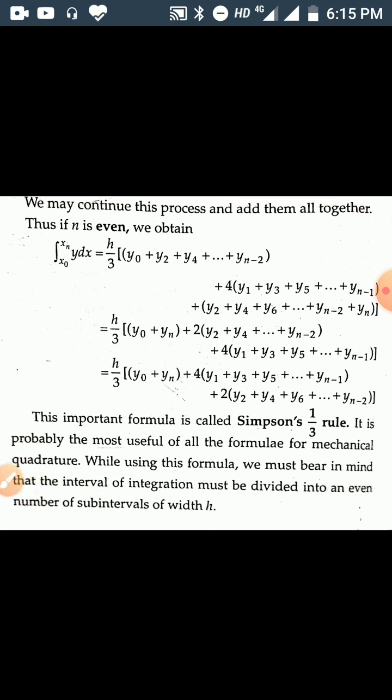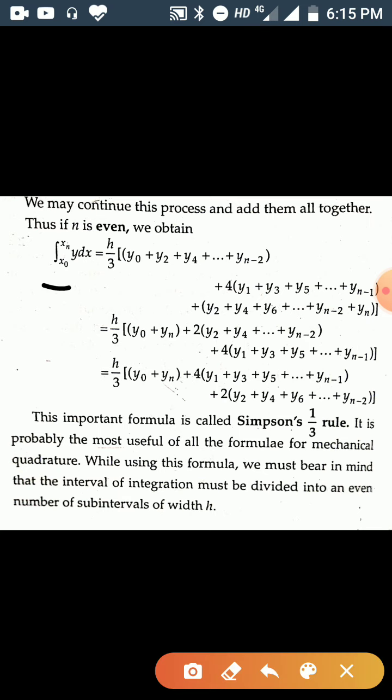So continuing in this way, we will obtain, by adding all the integrals, integration x0 to xn y dx is equal to h by 3 times [(y0 plus y2 plus y4 plus ... yn) plus 4 times (y1 plus y3 plus y5 plus ... yn minus 1) plus (y2 plus y4 plus y6 plus ... plus yn minus 2 plus yn)], which further can be written as h by 3 times [(y0 plus yn) plus 2 times (y2 plus y4 plus ... yn minus 2) plus 4 times (y1 plus y3 plus y5 plus ... yn minus 1)].